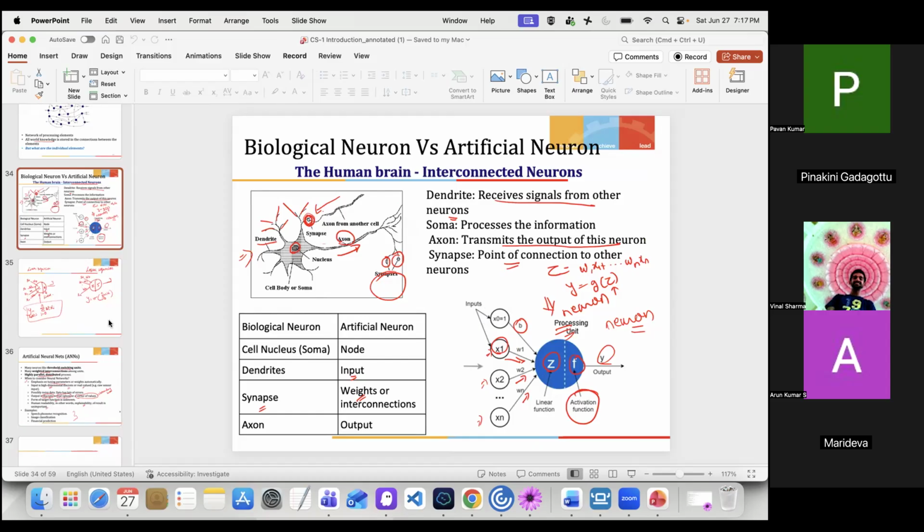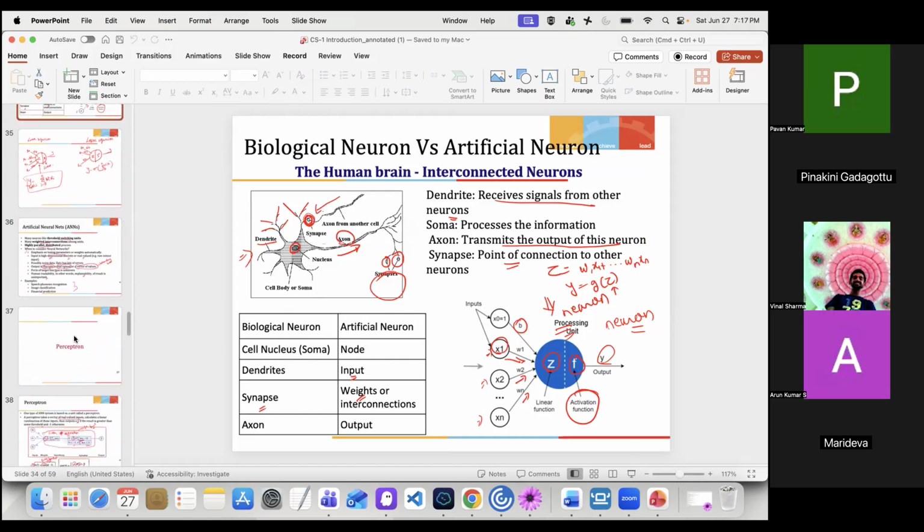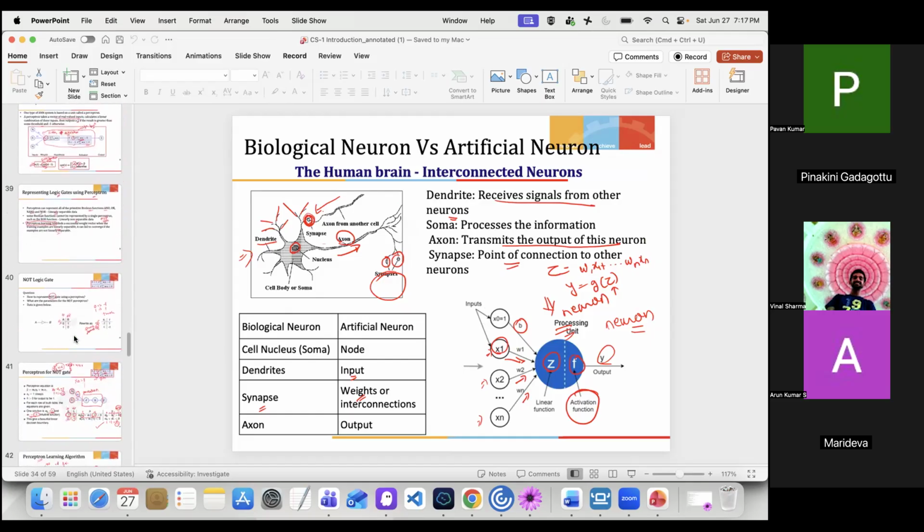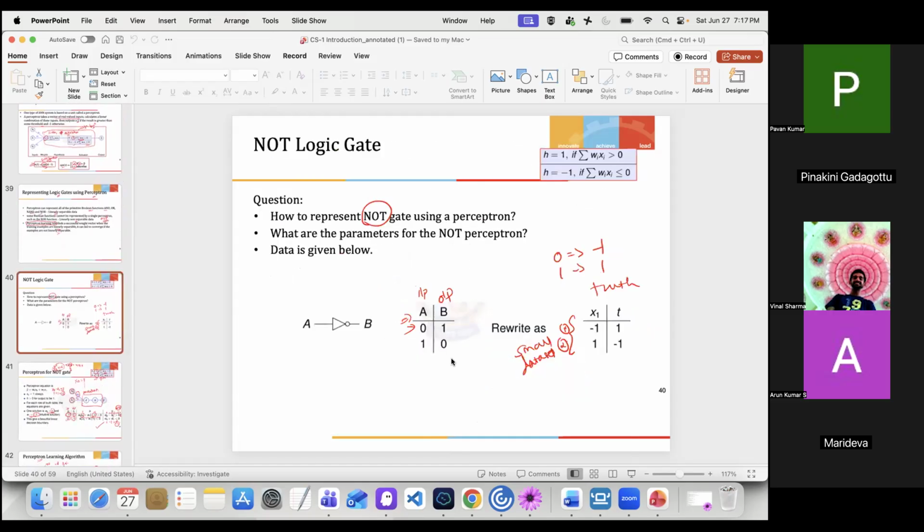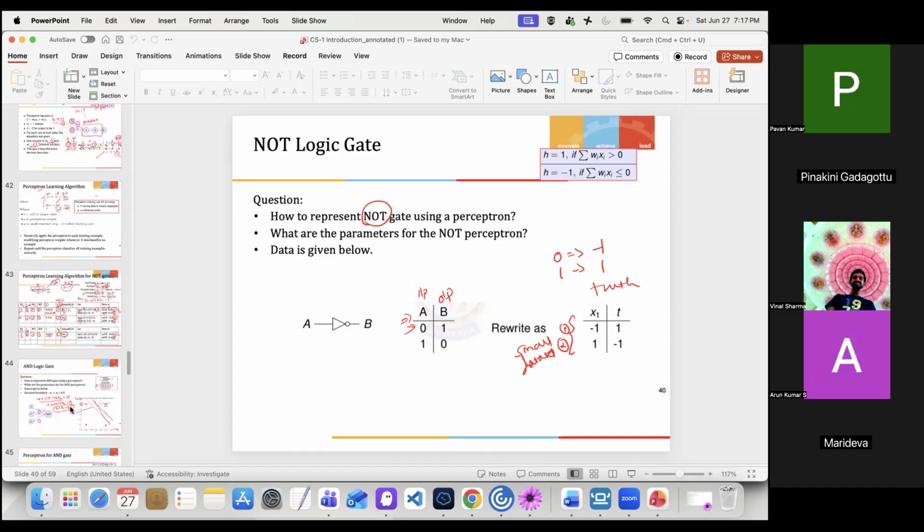So NOT, AND, and OR are all linear functions. When I say linear, I need to explain why it is linear, right? Last time we had a figure.